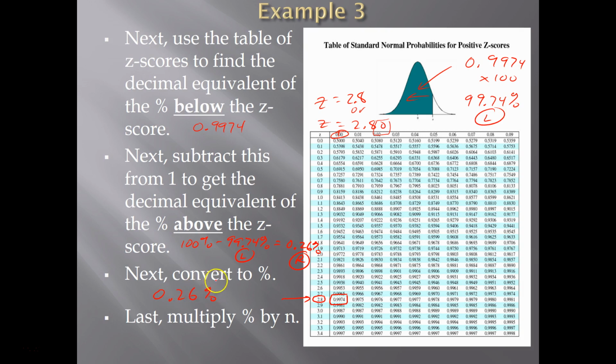So about 1/4% of all students at Great Oak are actually considered to be geniuses. 0.26%. All right. So what that means, 1% would mean 1 out of every 100. 0.26% is 1/4 of that.